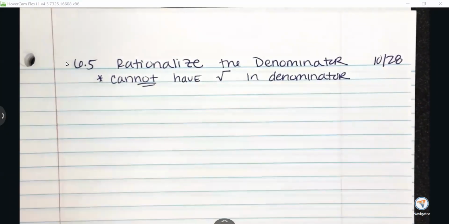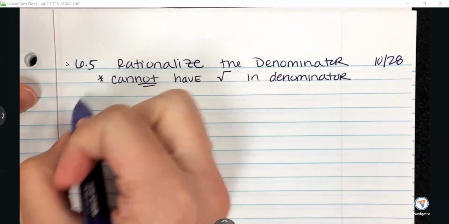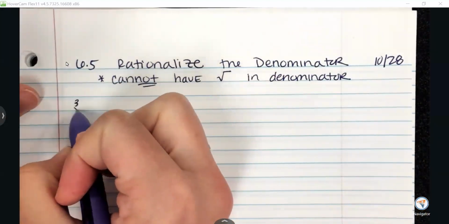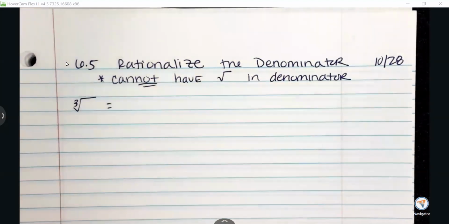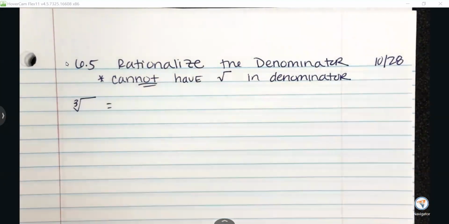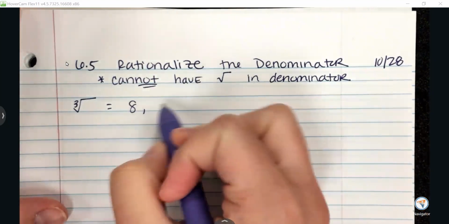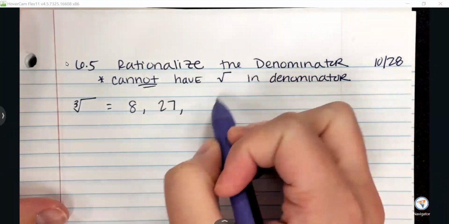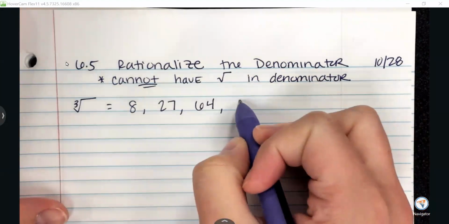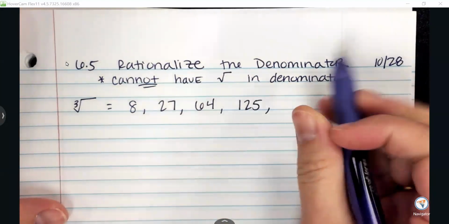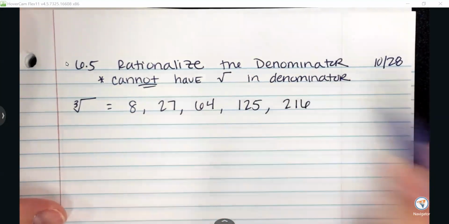So the first thing I would do for sure is make sure you know your square roots. And then we will also need to know our cube roots today. So I would make sure you know your perfect cubes, at least the first 6 of them, which will be 8, 27, 64, 125, and 216.